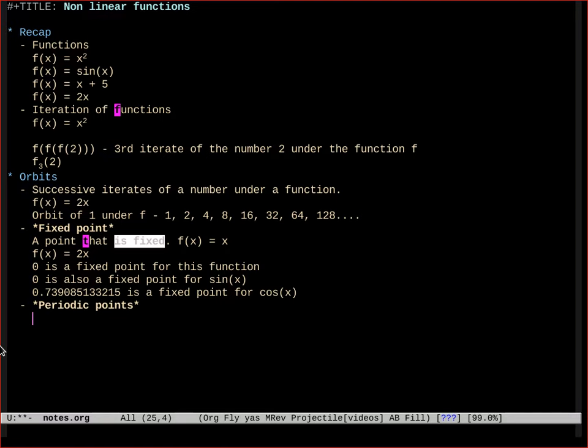So a point P is a periodic point if f to the n of P is equal to P, for some value of n.